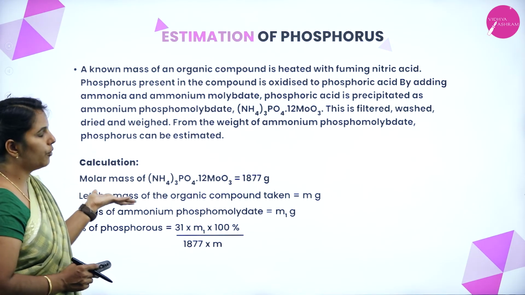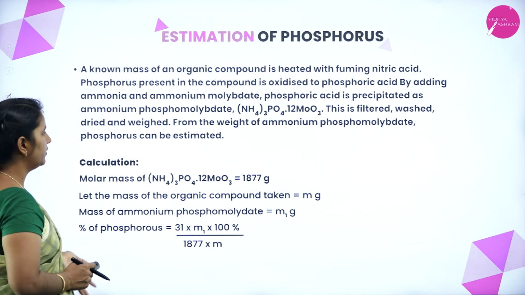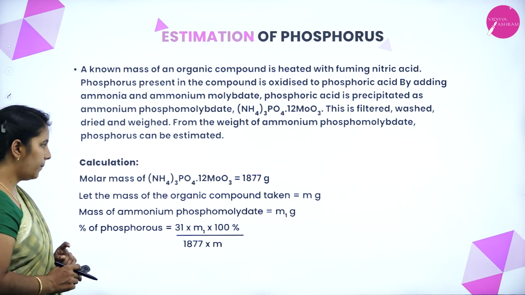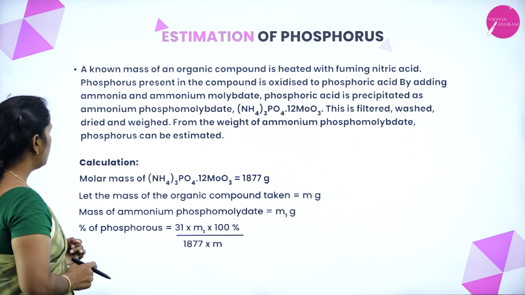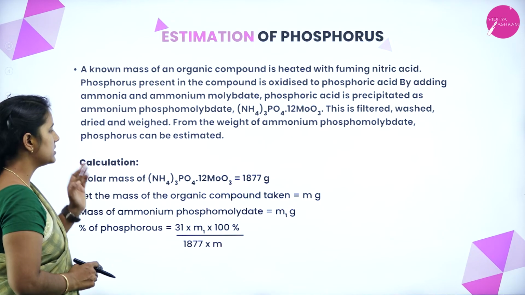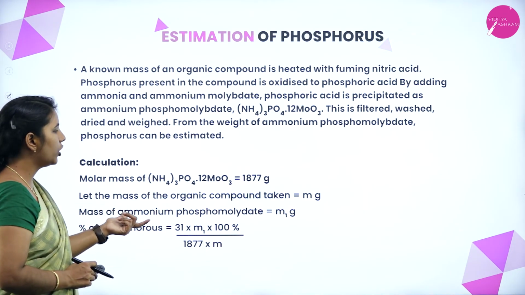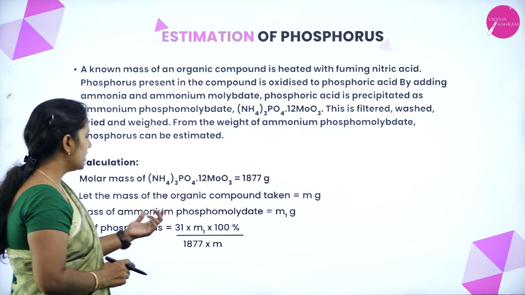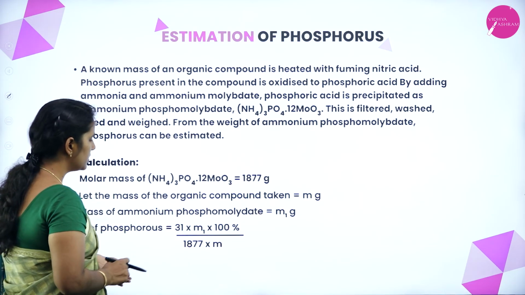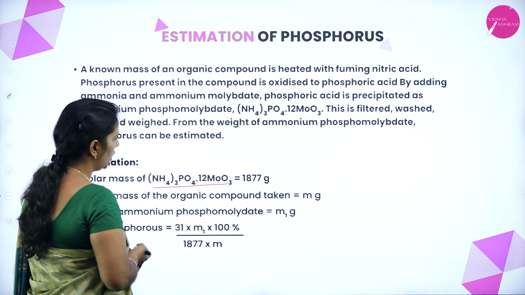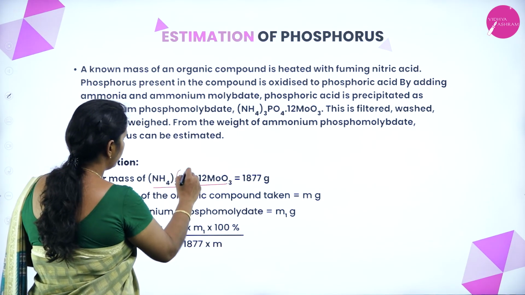From the weight of ammonium phosphomolybdate, as I showed in the earlier case, we estimate the percentage of phosphorus. Here the molecular mass of ammonium phosphomolybdate is 1877 gram. The mass of the organic compound is m gram and the mass of the ammonium phosphomolybdate is m1 gram. This much quantity of ammonium phosphomolybdate contains how many grams of phosphorus?